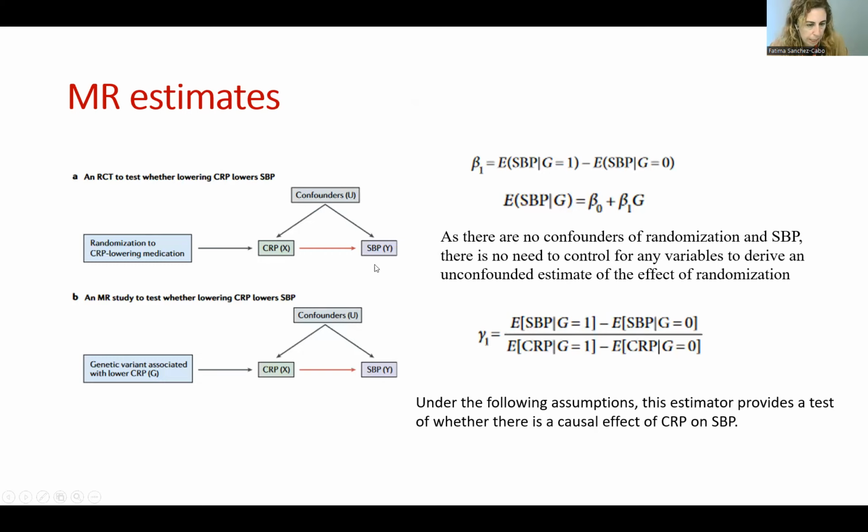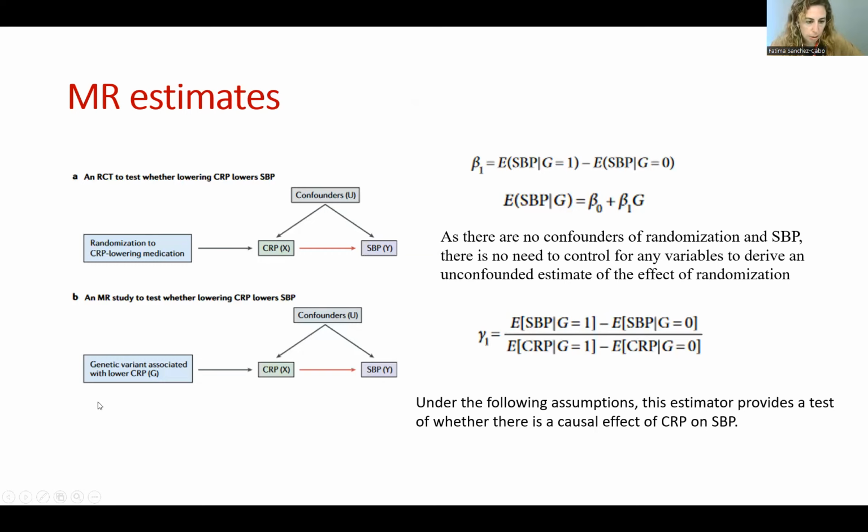There were many randomized trials testing different medicaments to see if lowering the CRP levels was also lowering, in this case, systolic blood pressure. It was done in particular for this trait.